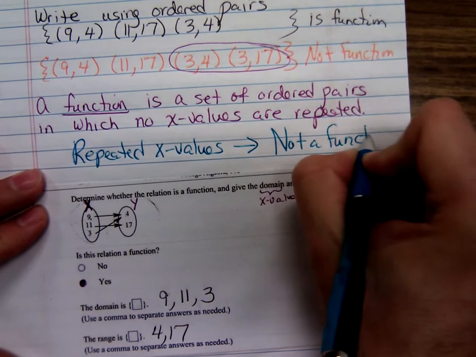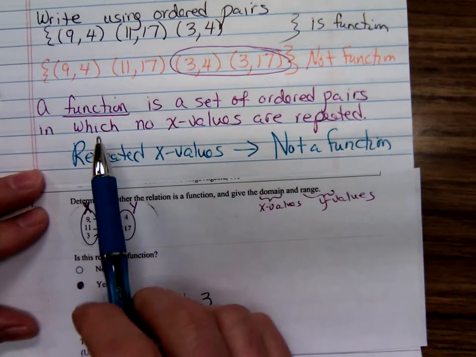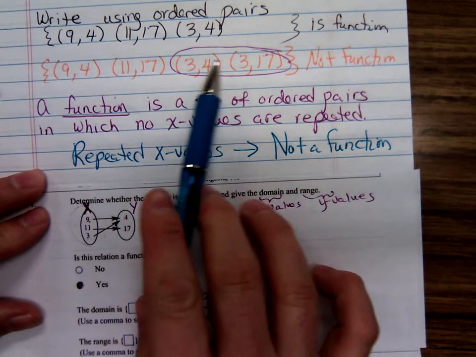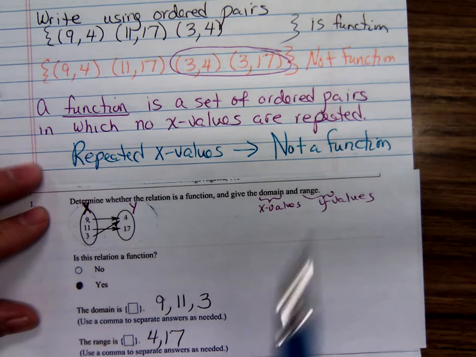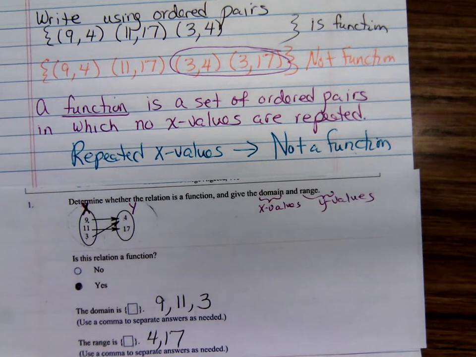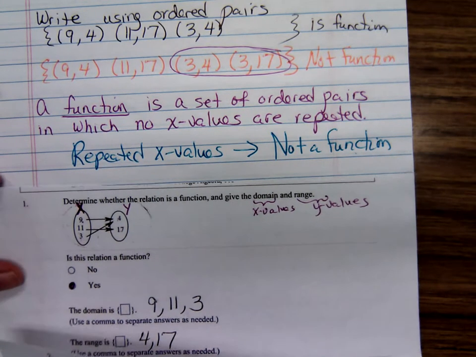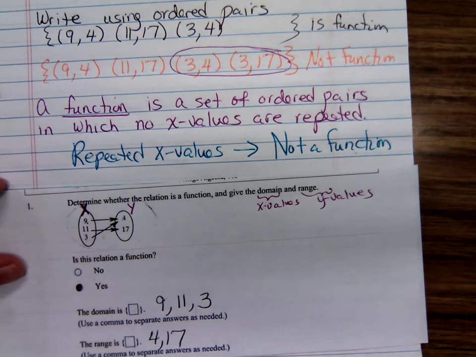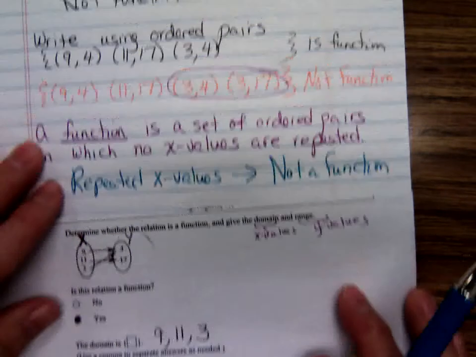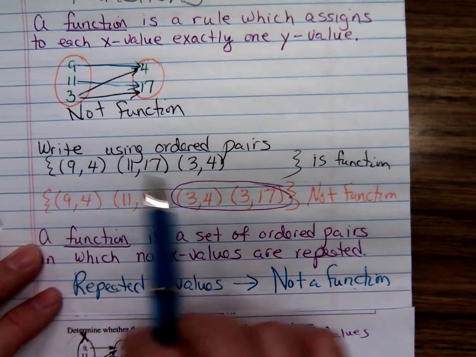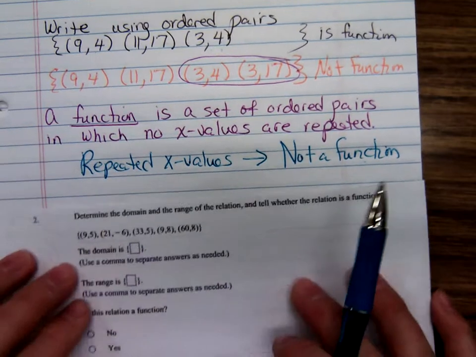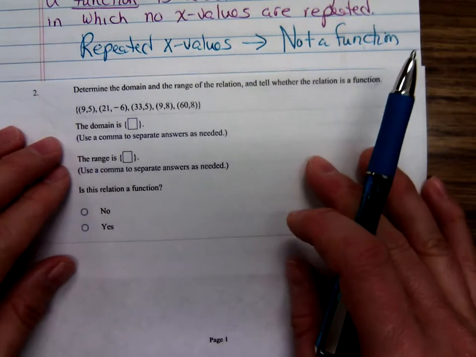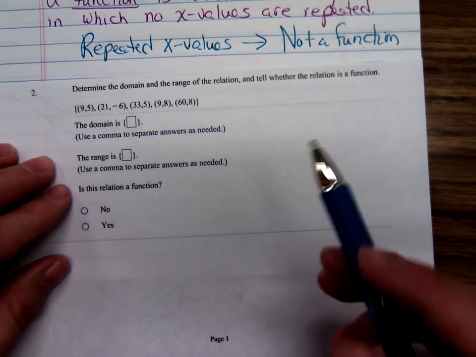When you're looking at ordered pairs, if you have some repeated x's, like right here, the number 3 was repeated, then it's not a function. And that's another way of defining a function: look at the ordered pairs and see if any x values are repeated. Is it okay for y values to be repeated? Yeah, the y values can be repeated. The x values cannot.